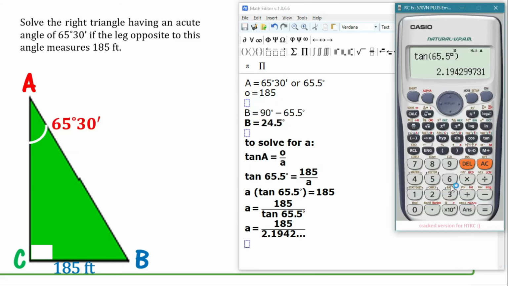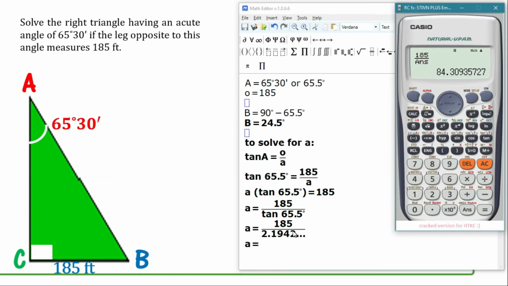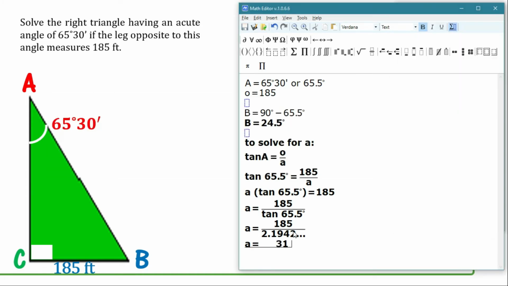And next, para makuha natin si A, we are to divide 185 by the value of tangent of 65.5 degrees. And that is equivalent to 84.31, rounded off to the nearest hundredths. Alright, so that is A equals 84.31 feet.